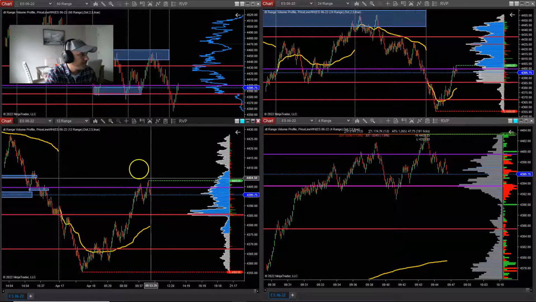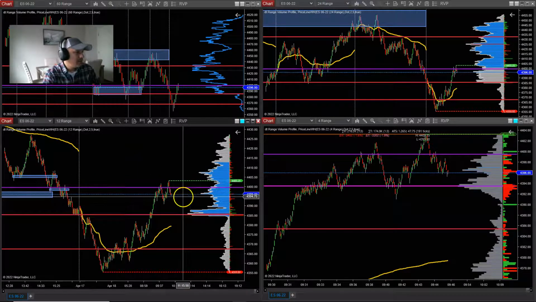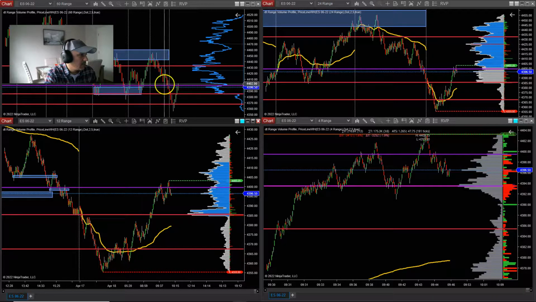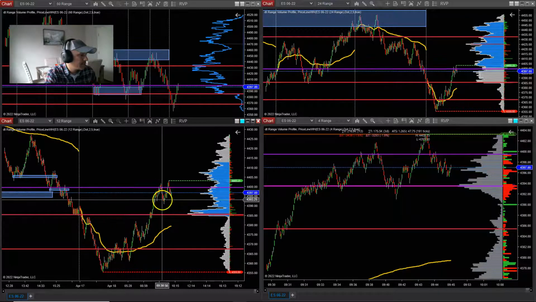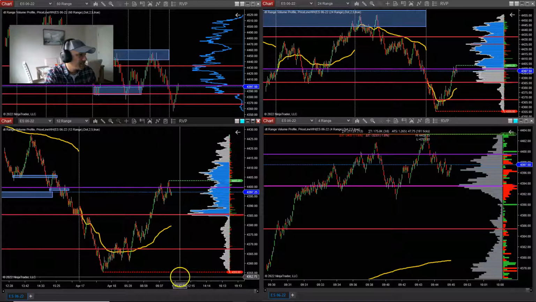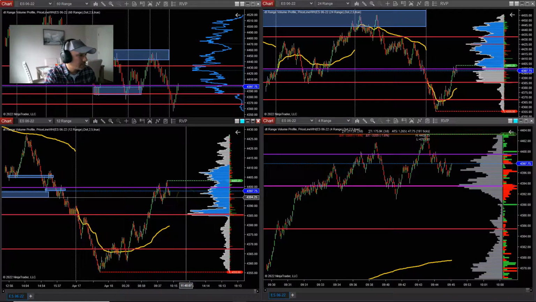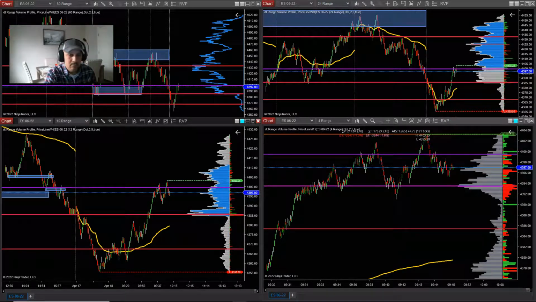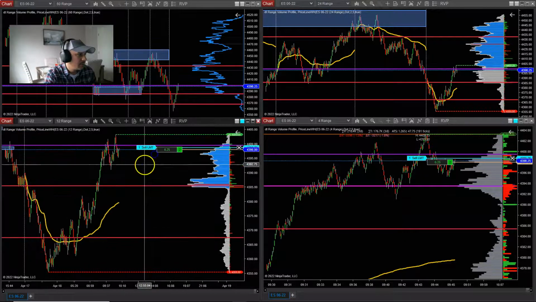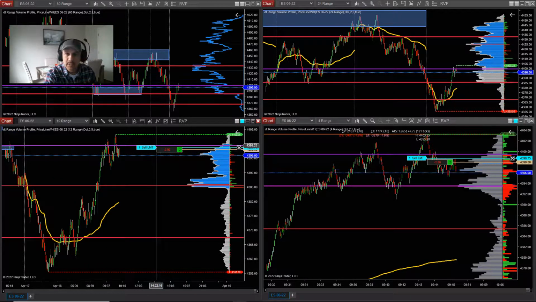All right. It's going to come back down in this area right here. Okay. But let's be careful here because price did make a high right here. It broke that previous high. Dropping back to the upside. Come on. 99.25.